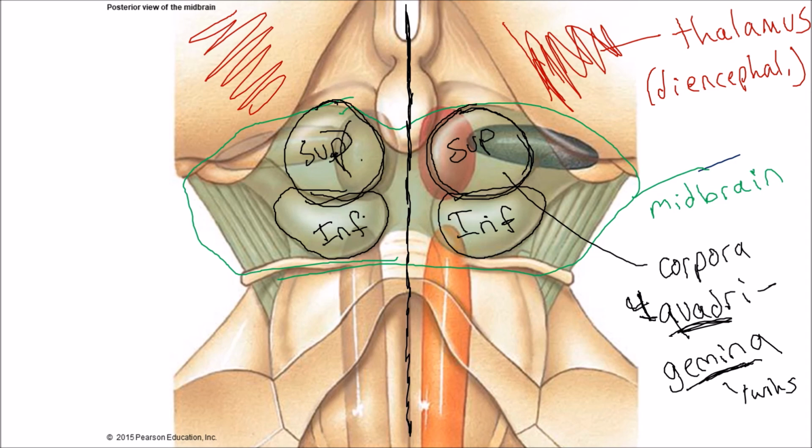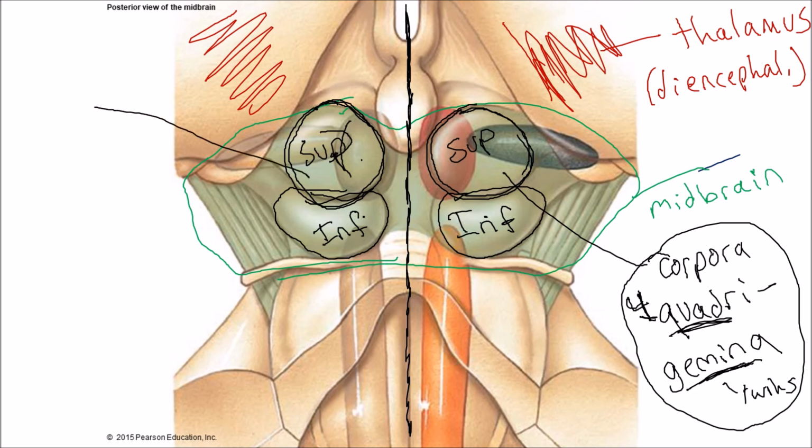Now when you call them individually, you don't call them a superior corpora quadrigemina. The corpora quadrigemina is what you call it when you're referring to all four of them at once. But when you're referring to them individually, they're called colliculi.